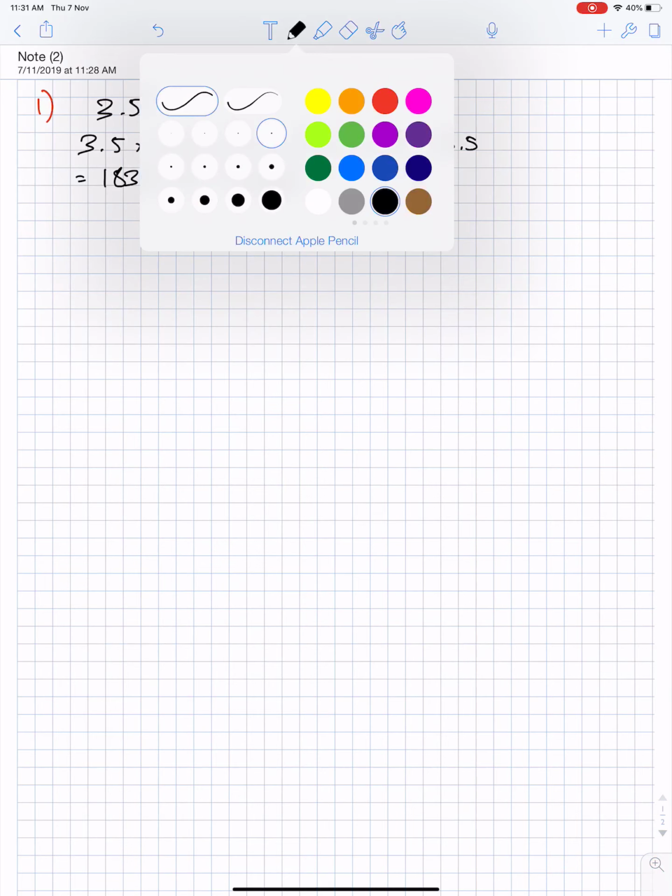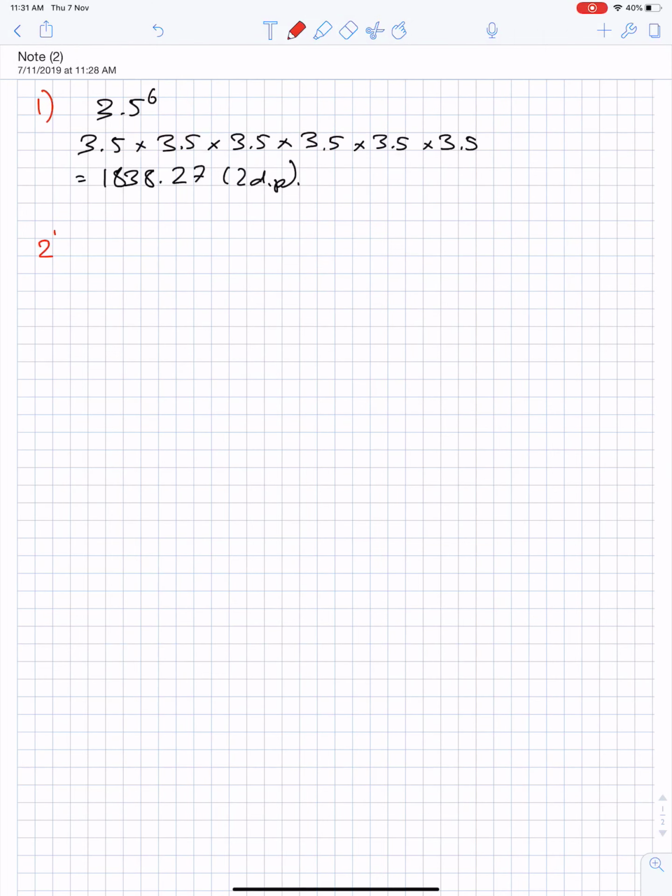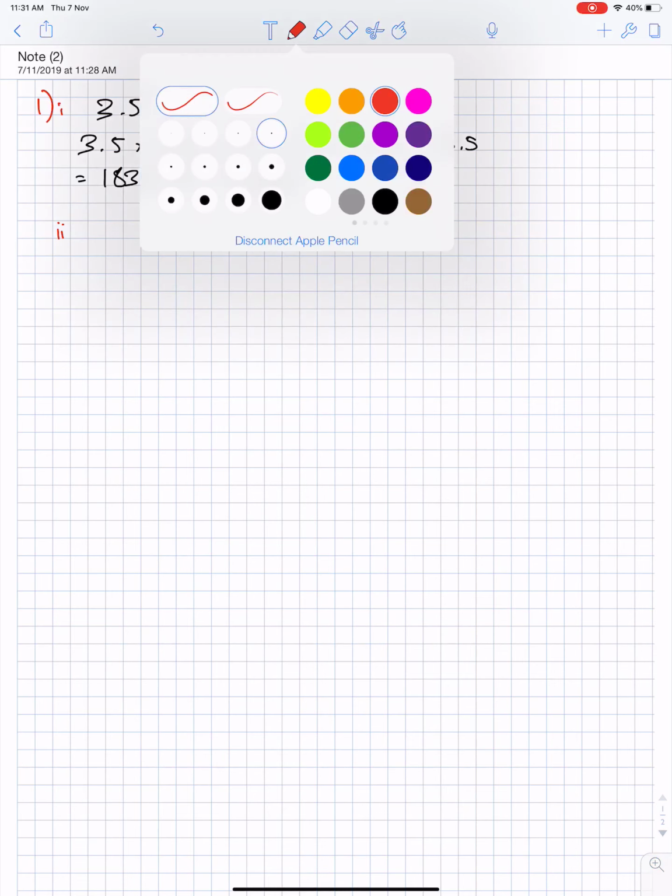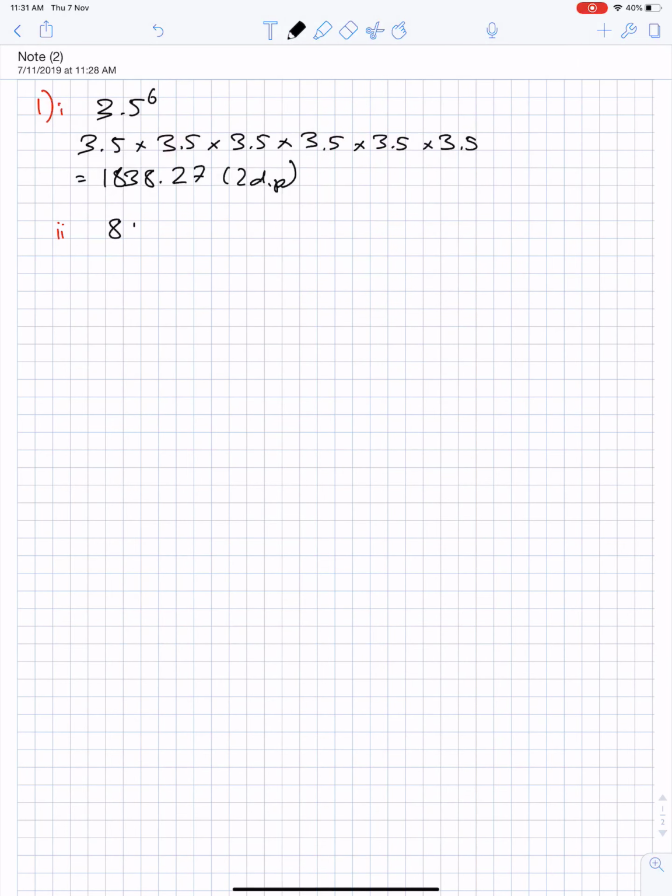Number 2. Oh, sorry, so that's still question 1. That's I, and this is I. That's number 2. Okay, so number 2 is 8 plus 2.6 divided by 4.3 plus 2.1.